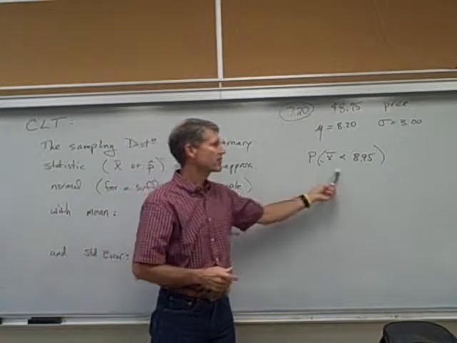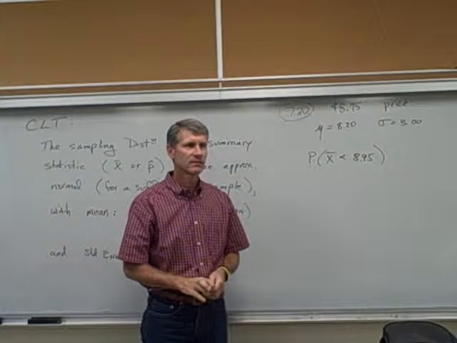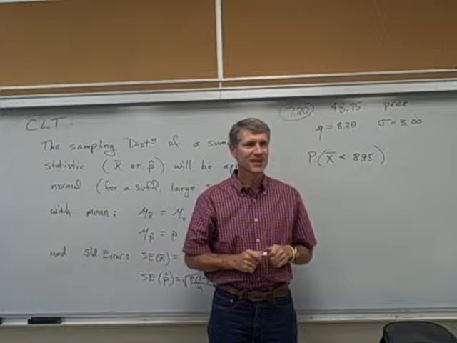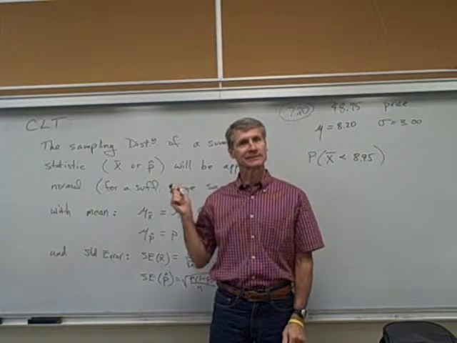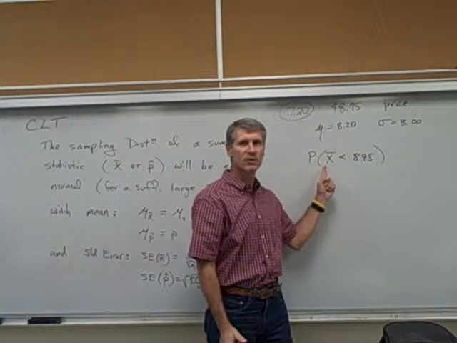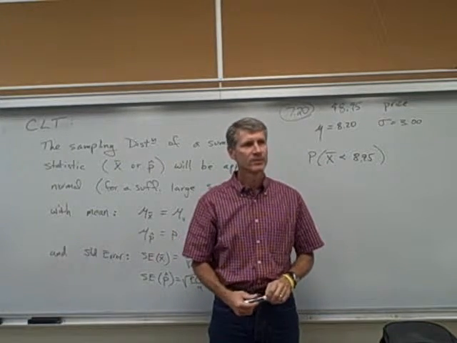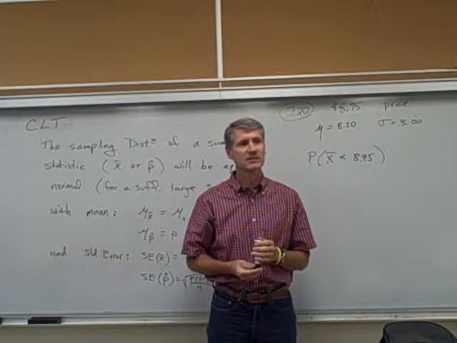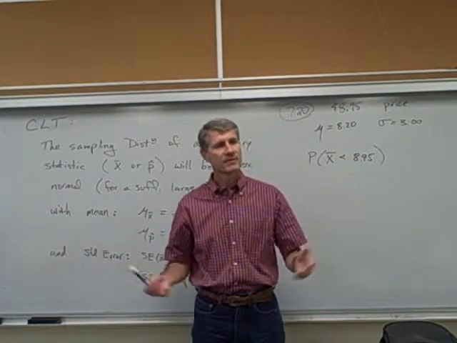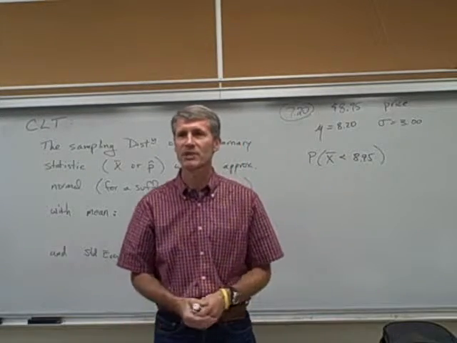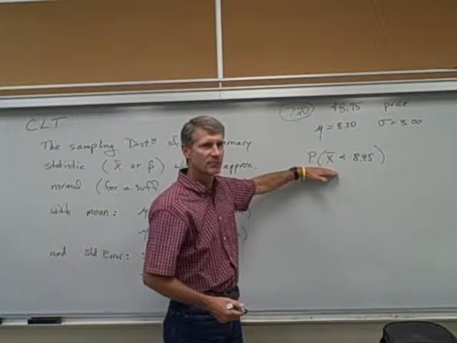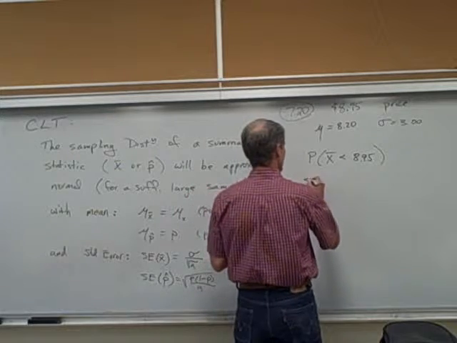Now how do I compute that probability? I'll give you a hint: it's with the calculator. What does the central limit theorem tell us the distribution of X bar will be? Normal, as long as the sample size is at least 30. Is it? Yeah, they said 100 people came in, so we've got a sample of size 100. So all you need to do is compute the standard error of X bar.